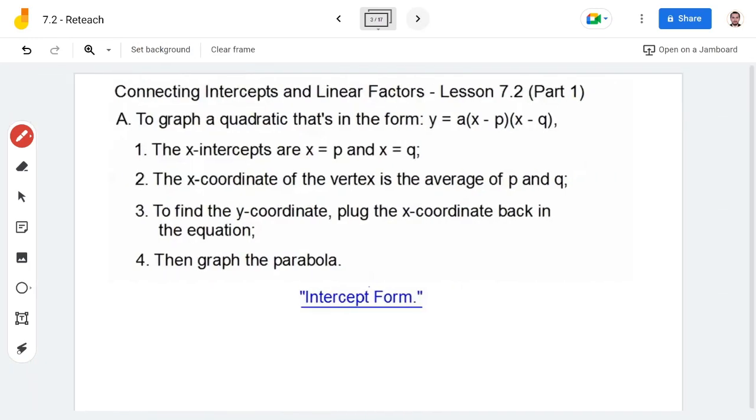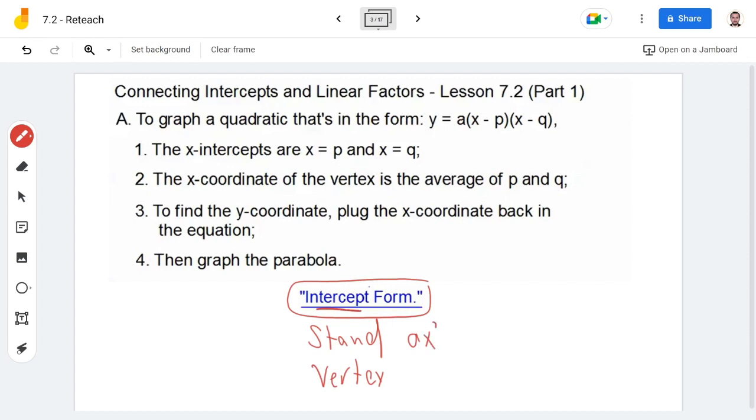Now let's start with how we can graph using the intercept form. We know that we have three forms of a quadratic function. The first is the standard form, the second is the vertex form, and the last one is the intercept form that we are going to learn.